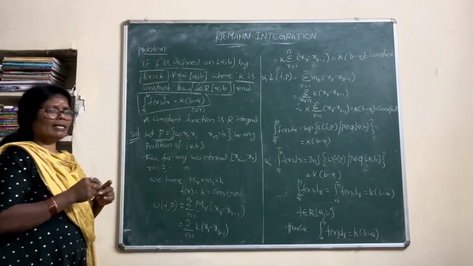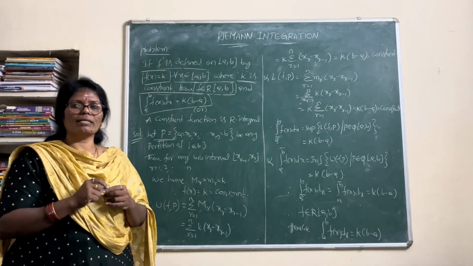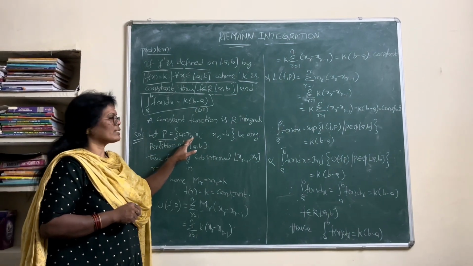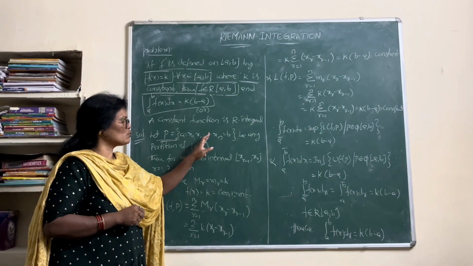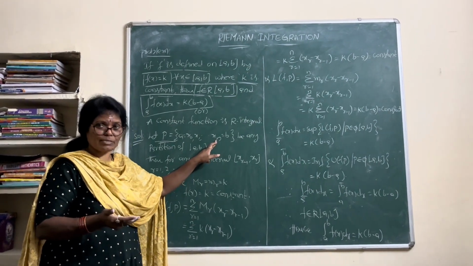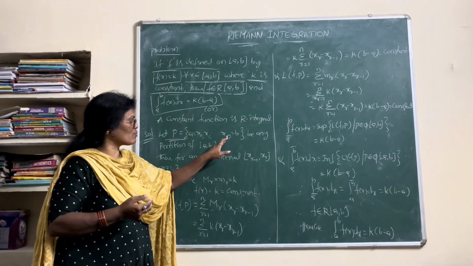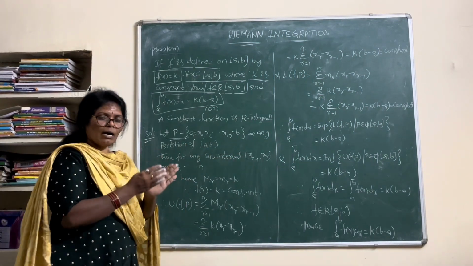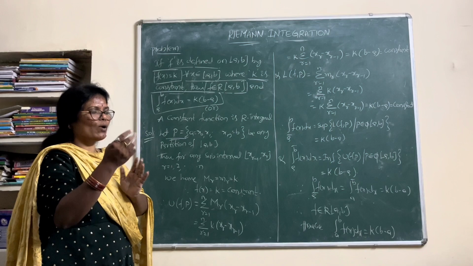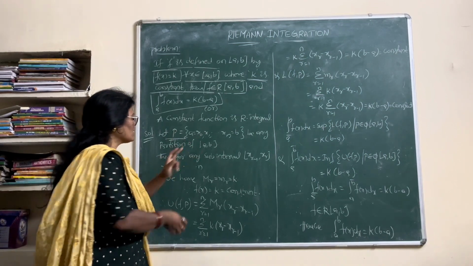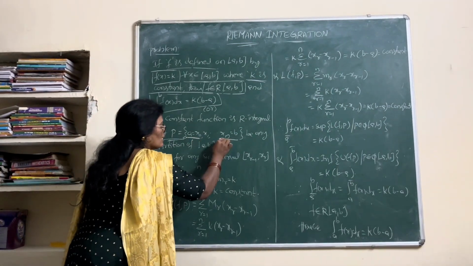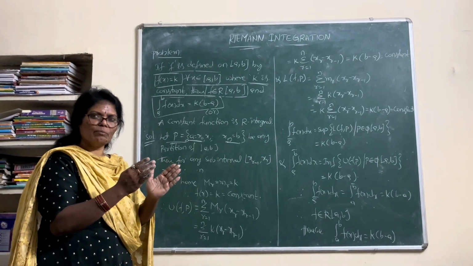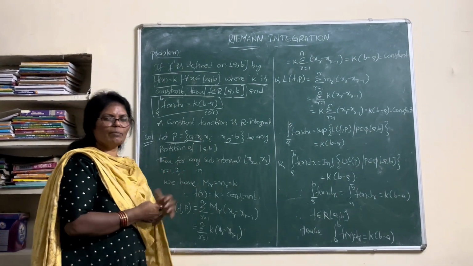Here definitely we need to take the partition, that is P equal to a equal to x naught, x1, x2, and so on, xr minus 1, and so on, xn minus 1, xn equal to b. So in between we are taking initial to n terms. The initial value is a and the nth term is b, because in between a and b we have these elements.